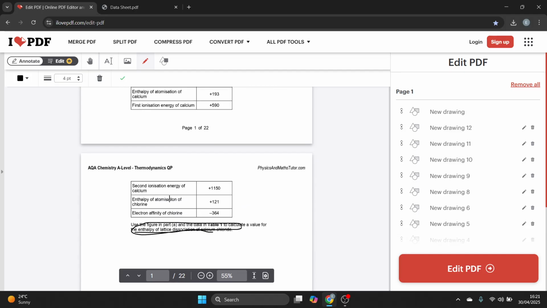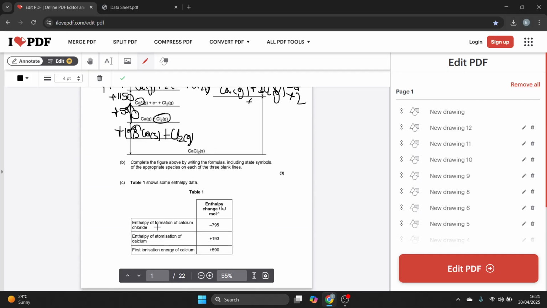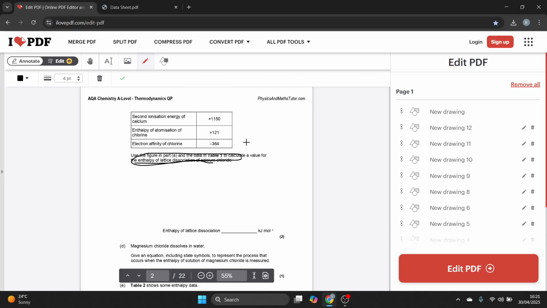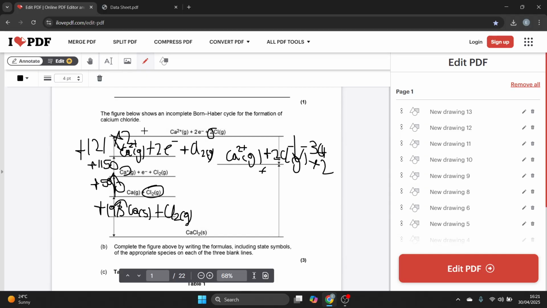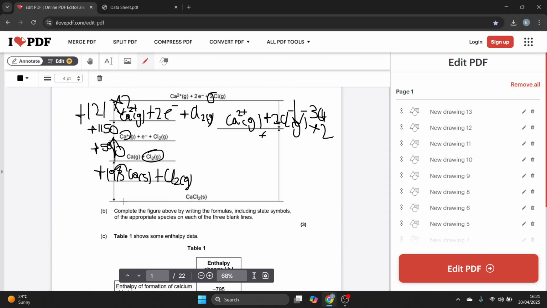So the enthalpy of lattice dissociation of calcium chloride. Well, I know the enthalpy of formation of calcium chloride is minus 795.